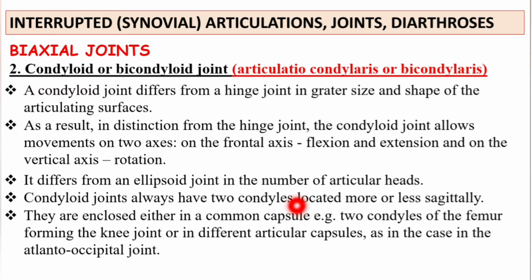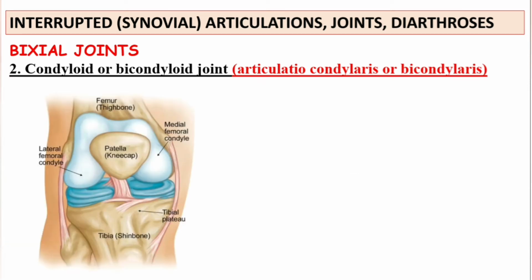In the first case, these joints are enclosed in one capsule, for example the knee joint. In another scenario, there are two separate capsules, like the atlanto-occipital joints. Here is a zoomed view of the knee joint showing the medial and lateral femoral condyles.